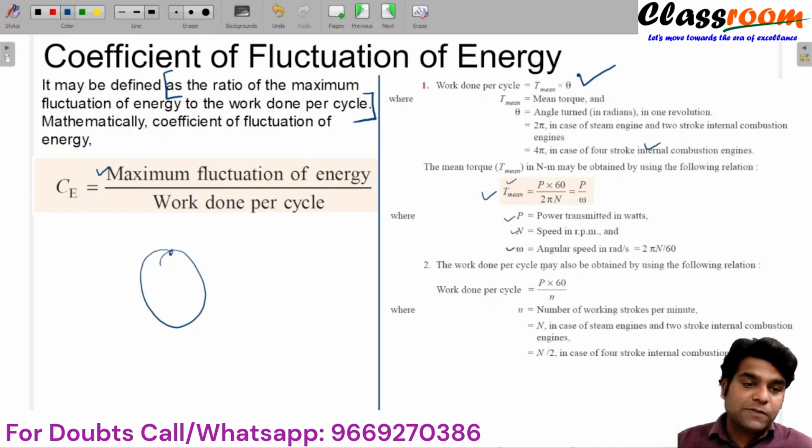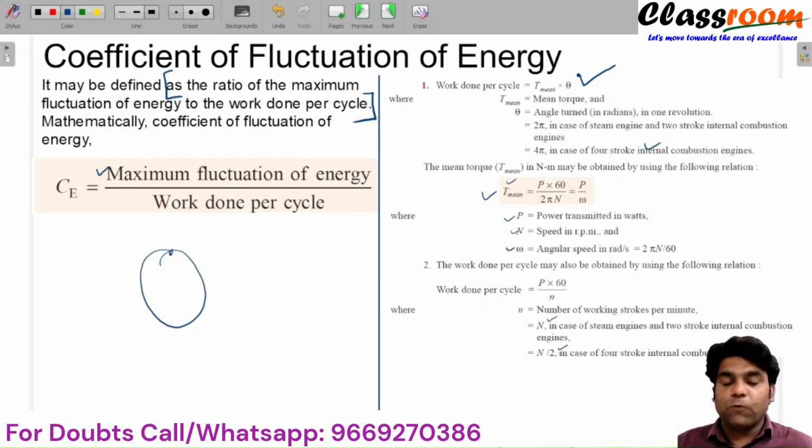The work done per cycle may also be obtained by using the following relation. That means the work done is equal to power into 60 divided by n, the number of working strokes per minute. Here n is equal to N in case of steam engine and 2-stroke engine, because the number of revolutions per minute is equal to the number of working strokes.